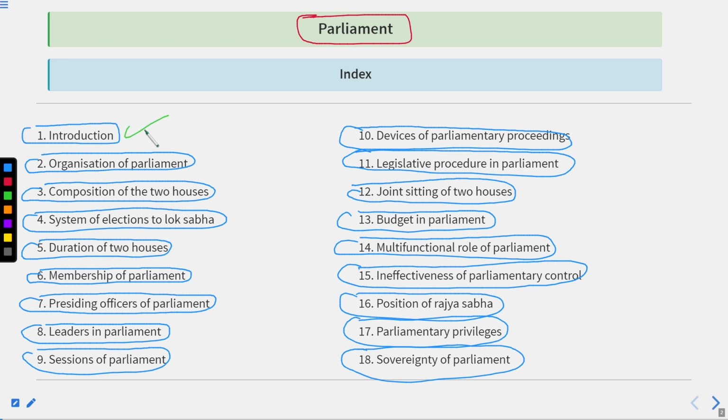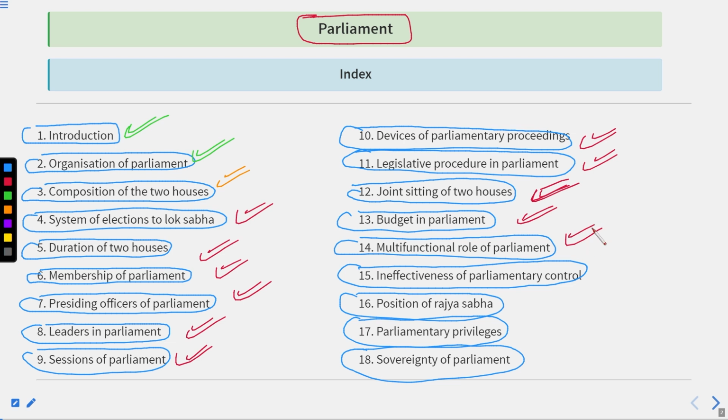Out of this, we have finished the introduction and the organization of the parliament. The topic we had started is the composition of the two houses, and the topics we are left with are system of elections to the Lok Sabha, duration of two houses, membership of parliament, presiding officers, leaders of parliament, sessions of parliament, devices of parliamentary proceedings, legislative procedure in parliament, joint sitting of two houses, budget in parliament, multifunctional role of parliament, ineffectiveness of parliamentary control, position of Rajya Sabha, parliamentary privileges, and sovereignty of parliament.